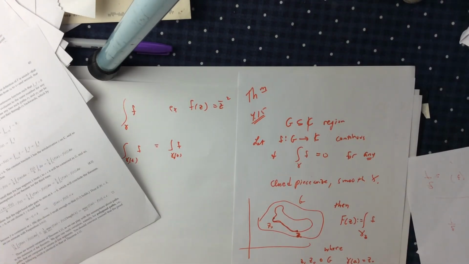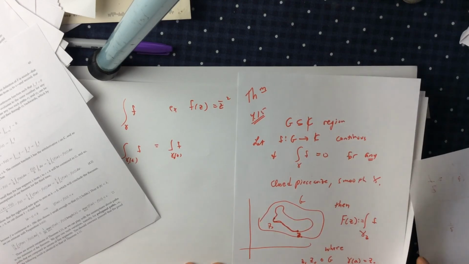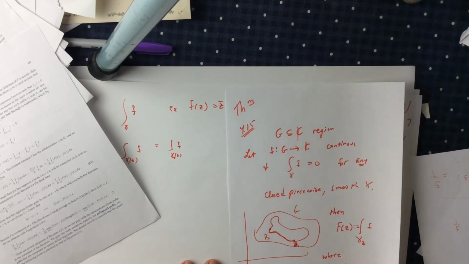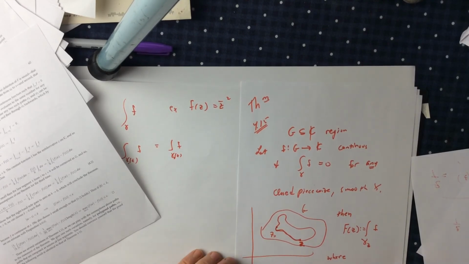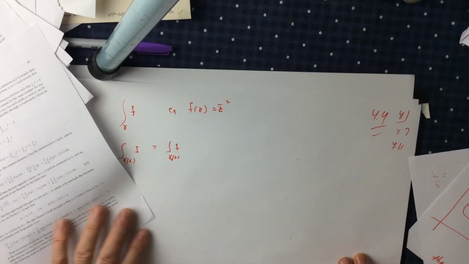Now, this theorem has a lot in it. So before we prove it, it says that an antiderivative is somehow related to integrals that always produce 0 on closed paths. Let's take a look at a consequence of that.